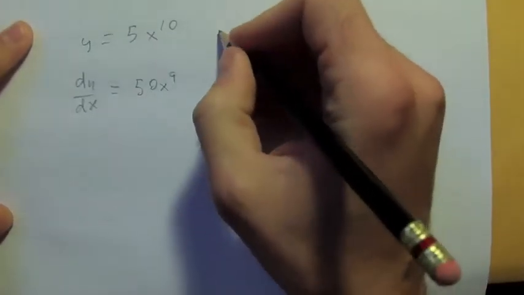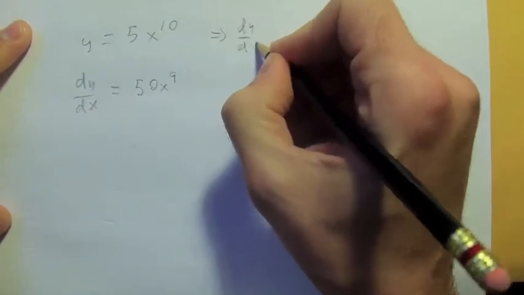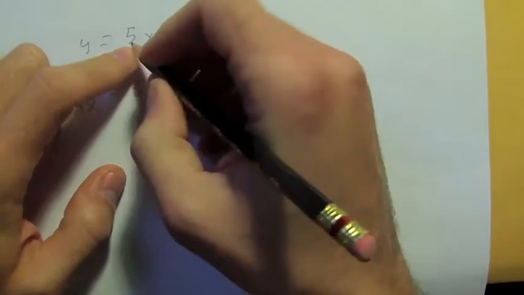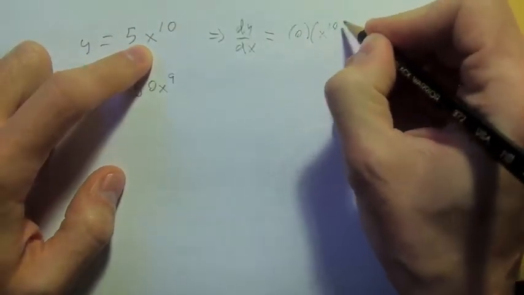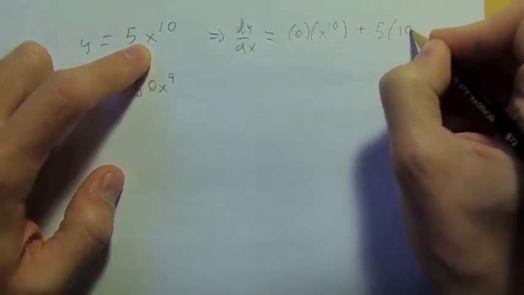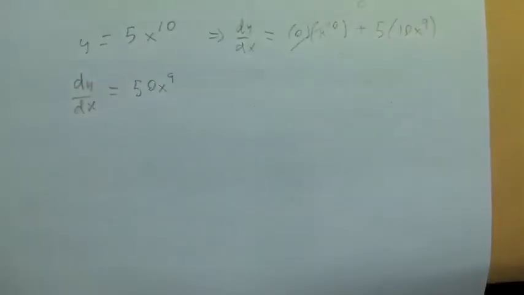But if you were to use the product rule, I see a lot of people do that because it'd be the derivative of the first guy, which is 0, times the second guy left alone, plus the first guy left alone times the derivative of the second guy, and you see that first term just disappears completely. There's no reason to actually use the product rule when you're multiplying by a constant.